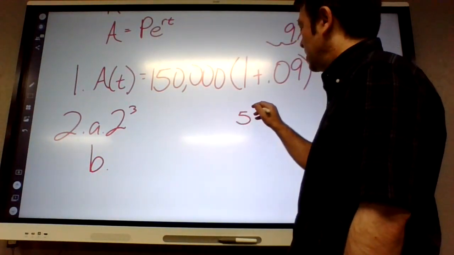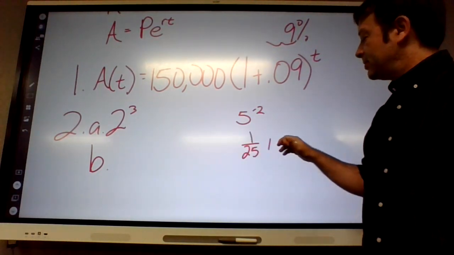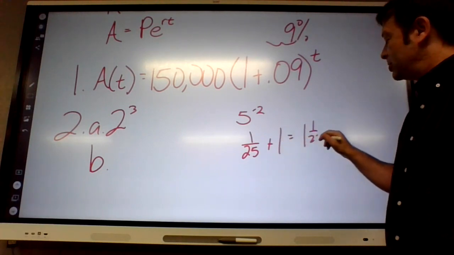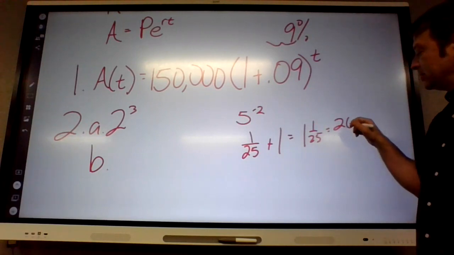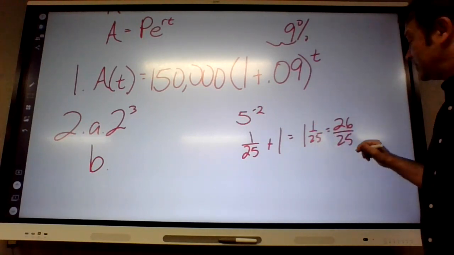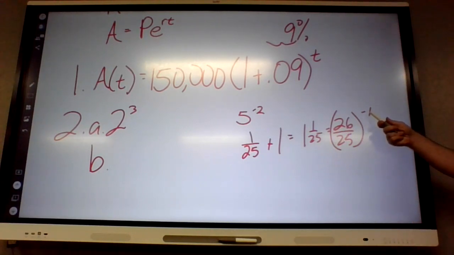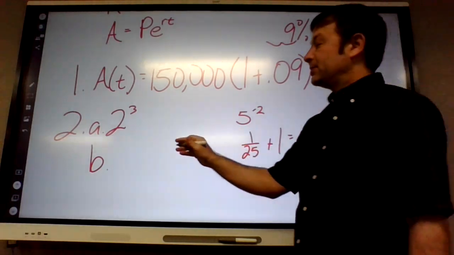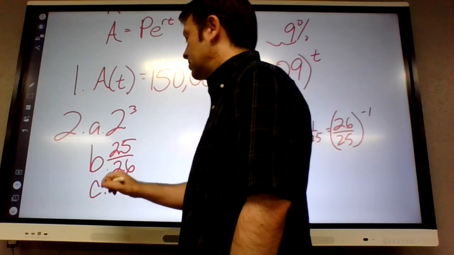No. 1 over 25. What's 5 to the 0 turn into? 1. So we have 1 and 1/25, or 26 25ths in the parentheses. And all that's to the negative 1. What's the negative 1 exponent do? Negative exponent is flip.